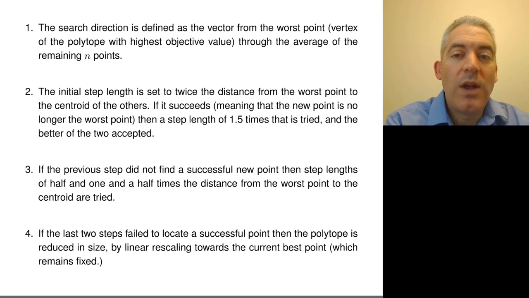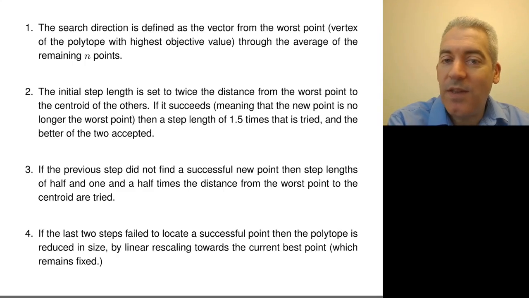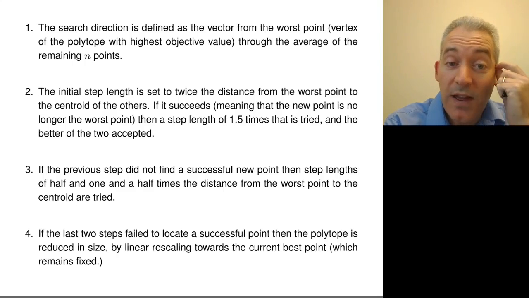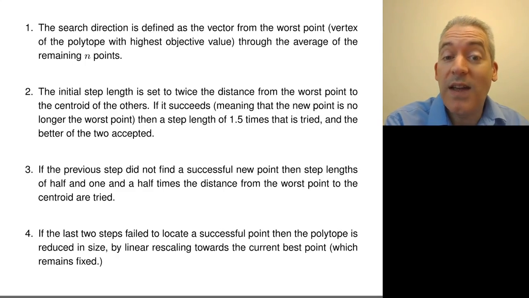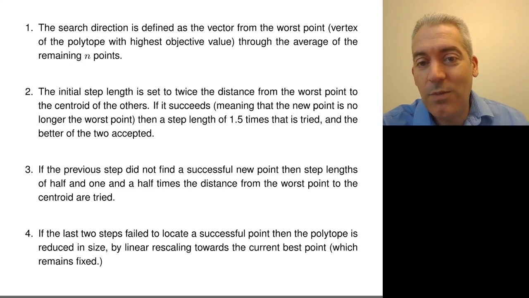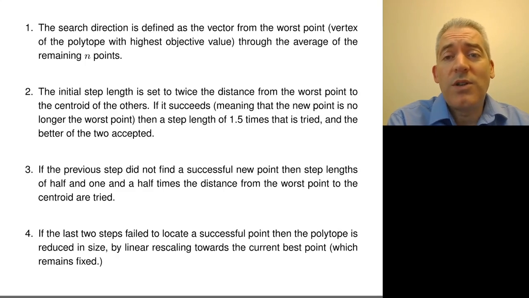So there are multiple levels of bailouts if things don't work, right? You try it first. If that doesn't work, then you try shrinking your step lengths, and if that doesn't work, you try shrinking the whole polytope towards your best point. So this is all very ad hoc, but it's all quite simple. These are all very cheap operations.